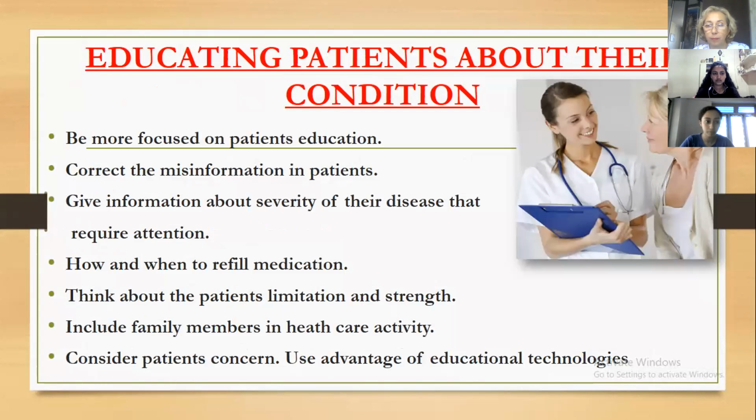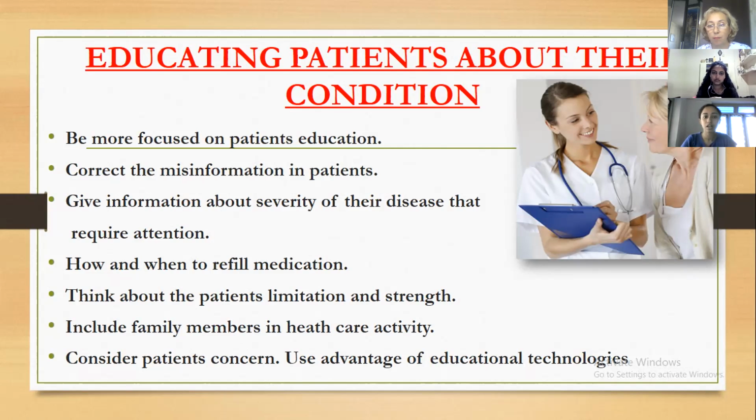While we are talking about that, how can we educate the patient about their condition? The first point is that we must focus on the patient's education. We must know whether the patient is well educated or not, because while discussing their diseases, they must understand what we doctors mean to explain.